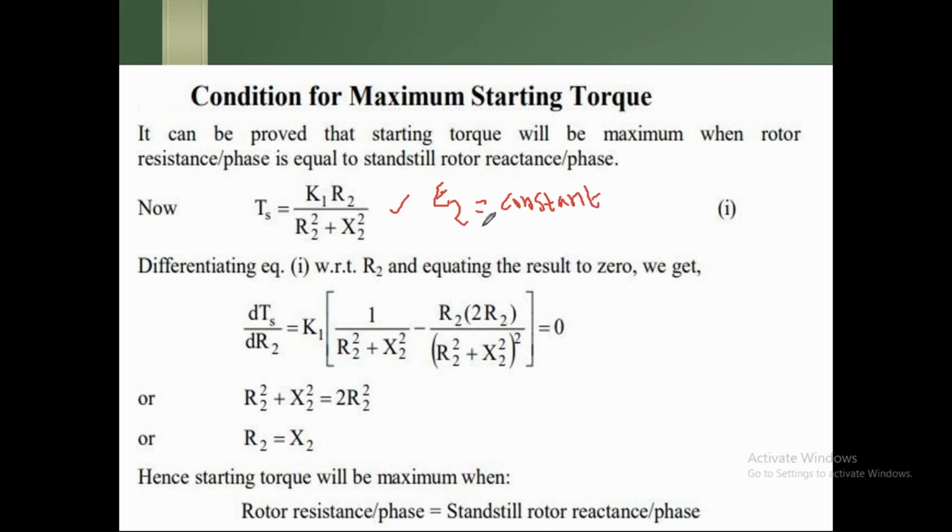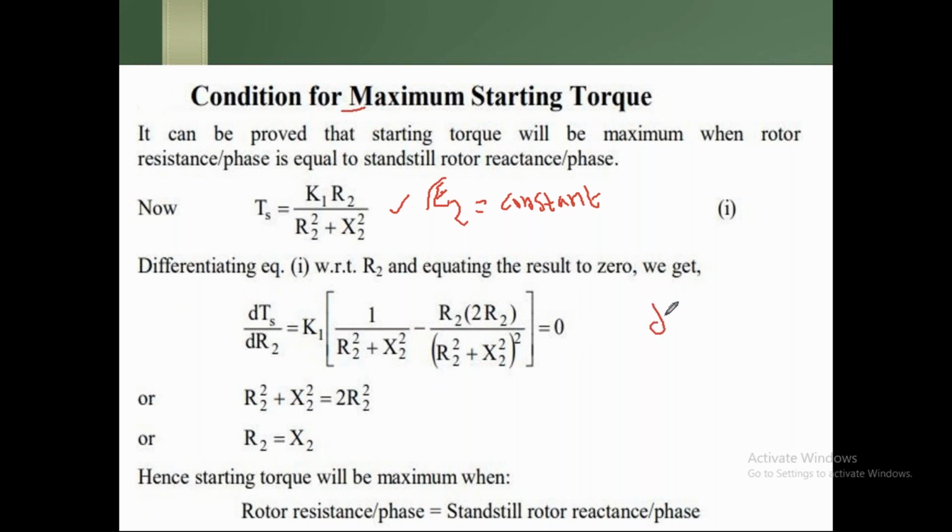Now, if you eliminate this parameter, you get the equation Ts is equal to K1 R2 divided by R2 square plus X2 square. Now, for obtaining the maximum condition, we differentiate this torque equation and equate it to 0.